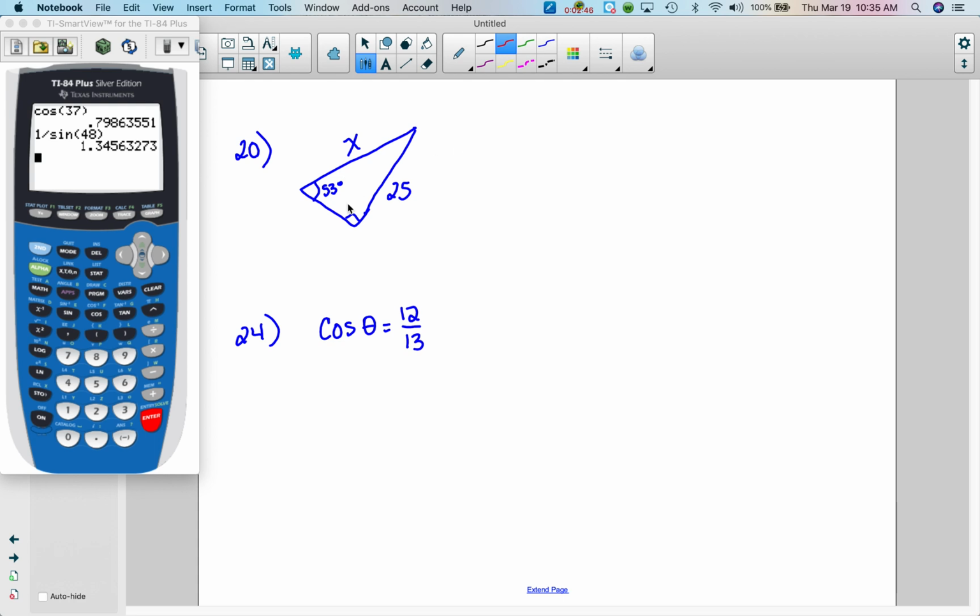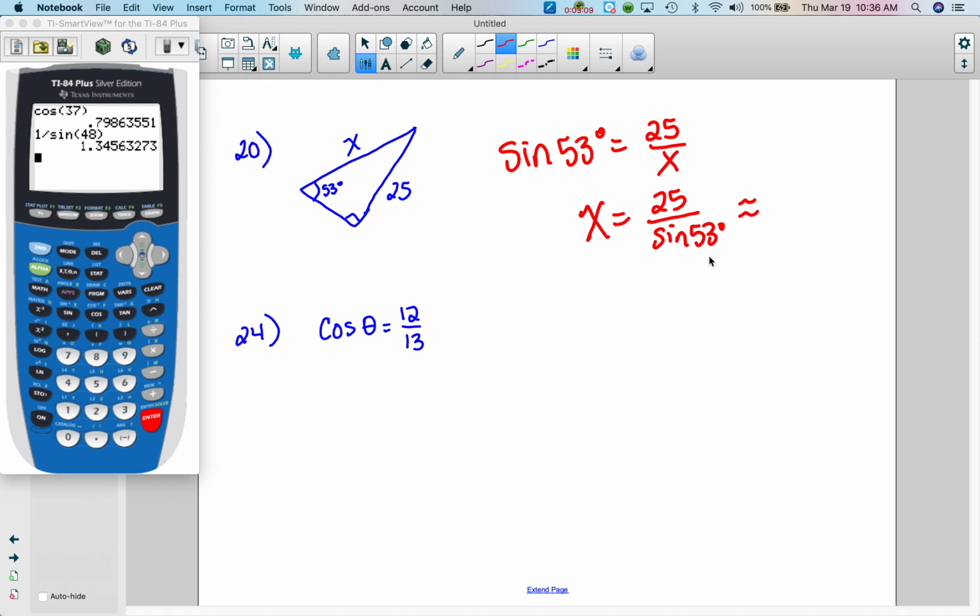Number 20. When you set this up, I believe you were just asked to solve for x. I think we did fine on this one. So opposite over hypotenuse, so we're going to do sine 53 degrees equals 25 over x. If you reorganize this, you get x equals 25 over sine 53. Now, some of you left your answer like that, and yeah, that's an exact value.